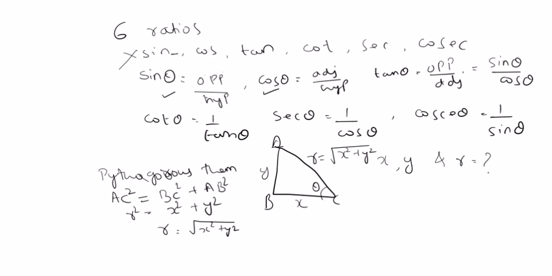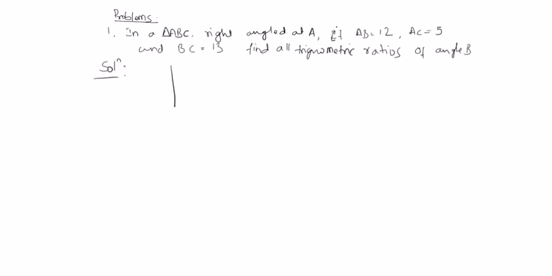Now we will see one of the problems. Here the problem is, in a triangle ABC, right angled at A, if AB equal to 12, AC equal to 5 and BC equal to 13, find all trigonometric ratios of angle B. So first thing is we will draw a right angle triangle.